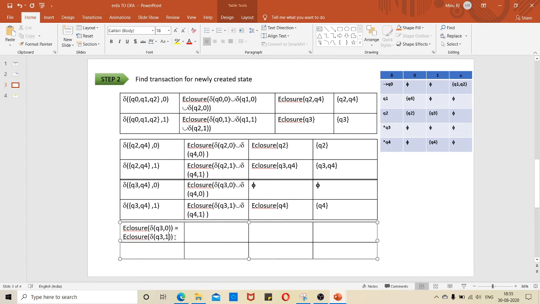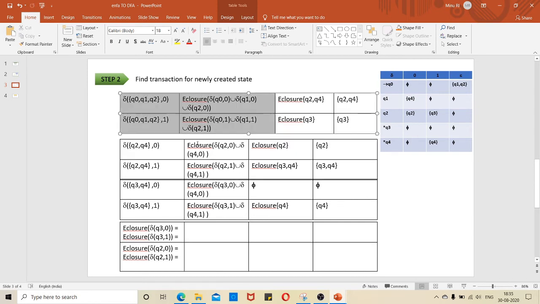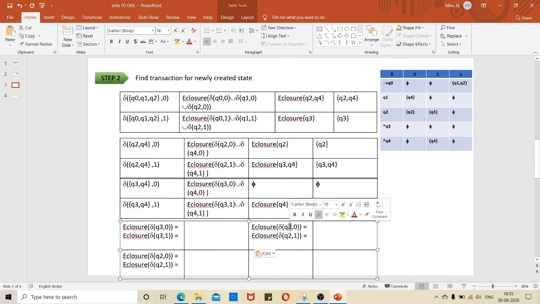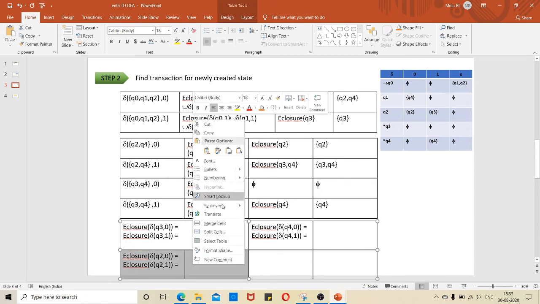Same way for Q2 also, because it came as one of our other states. And also with respect to 0 and 1, let me paste it here. For 4 we will find. Okay, let me merge the cells so that I can write it here itself.